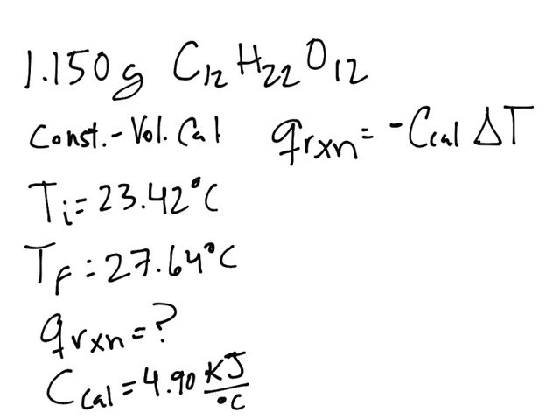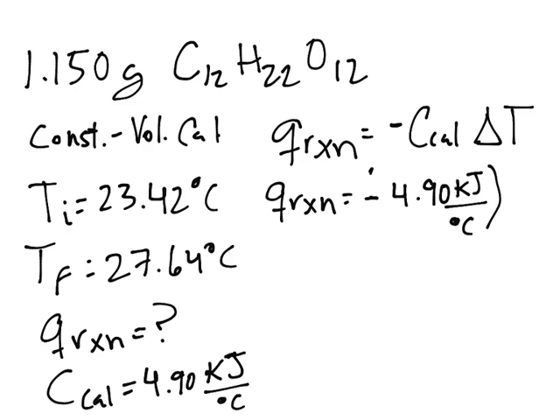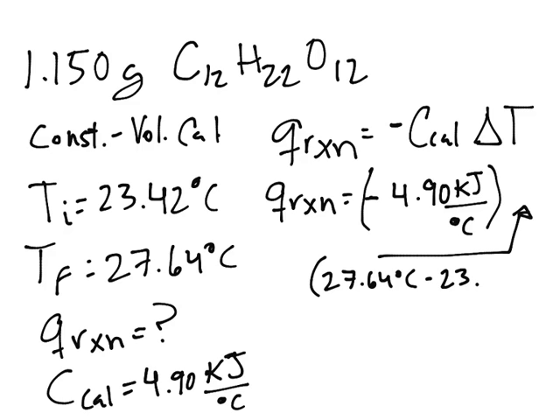Plugging in our values, the heat of reaction will be equal to negative 4.90 kilojoules per degree Celsius times ΔT. ΔT is going to be T_F minus T_I, so 27.64 minus 23.42 degrees Celsius.